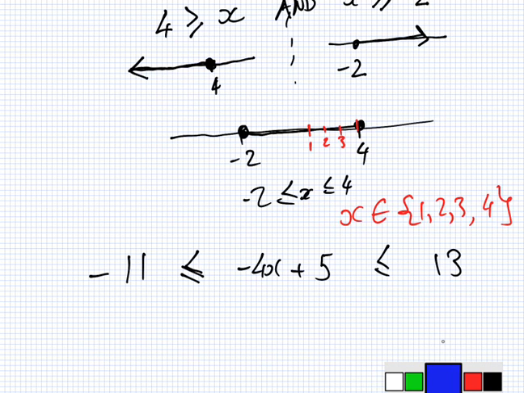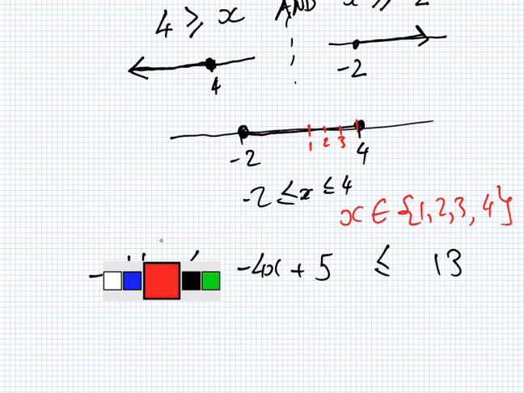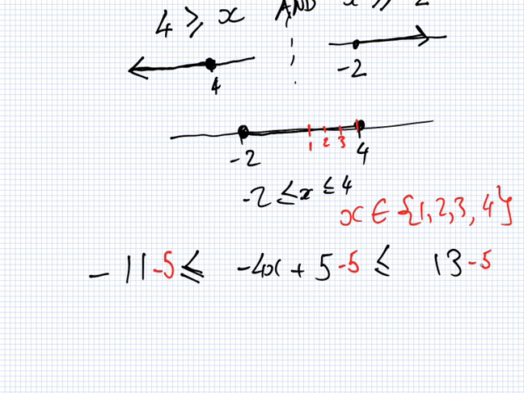Okay, so to do it the quicker way, what we do first is we put a -5 on everything. So here I write -5, here -5, and here -5. They cancel, so on the next line I have -16 smaller than -4x smaller than 8.